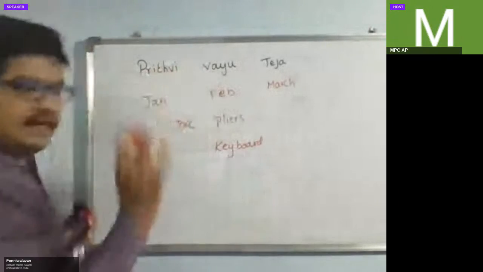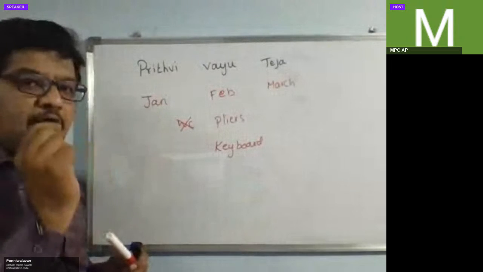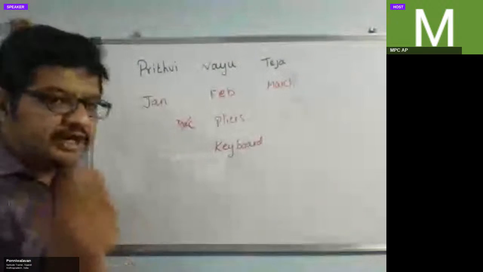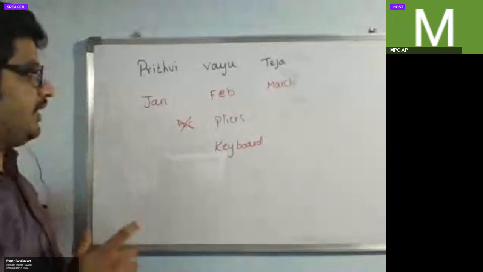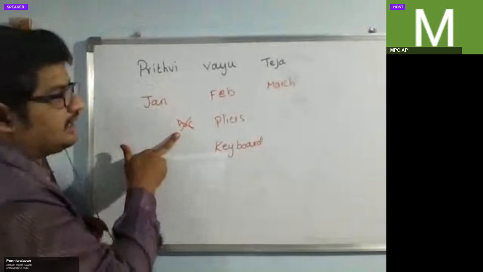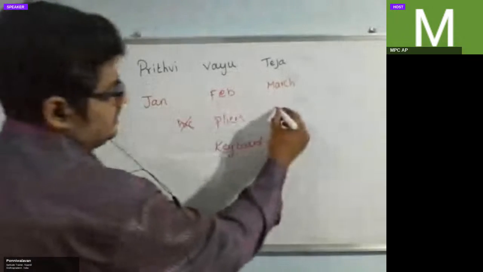And one more thing they told: the monitor can be taken only with the help of the wire cutter. In Prithvi they didn't use the wire cutter. Now, where is he going to use the wire cutter? Only in Tejas.